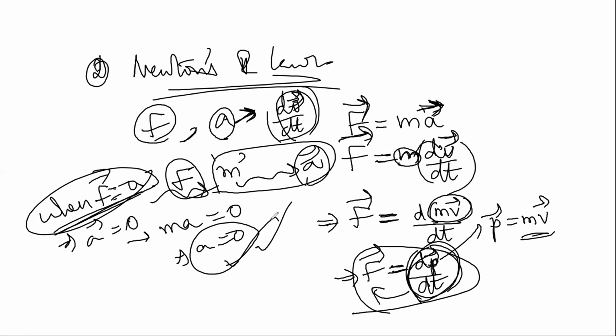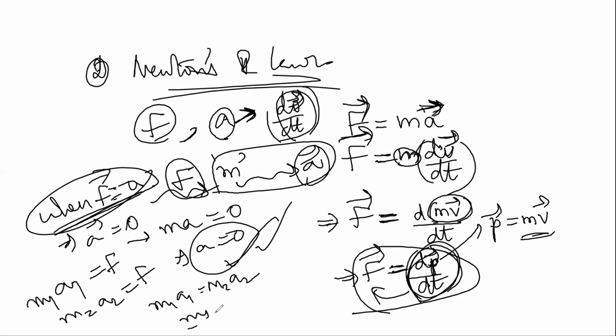Newton's second law also provides a way of comparing masses. Like if we have mass m1 with acceleration a1, it is F. And now for another body m2 with a2, if I have again F, then what happens? I can write m1 a1 equal to m2 a2. So I can directly give the ratio m1 by m2 is equal to a2 by a1.